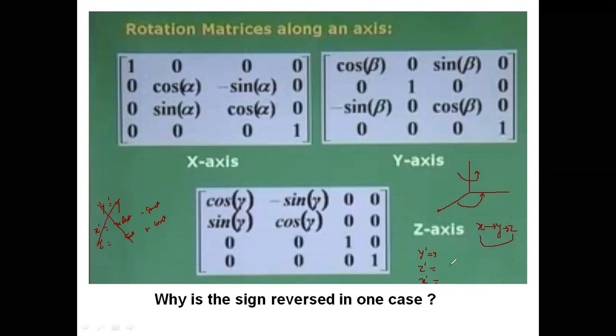So we will write cos theta over here, minus sin theta. We follow the same rule: sin theta and cos theta.